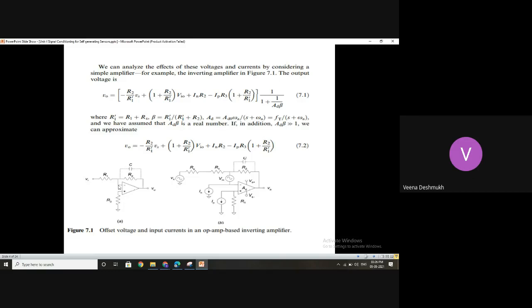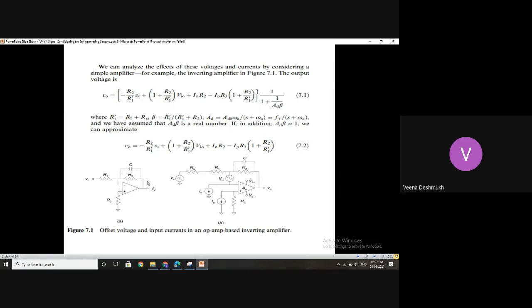Now, whatever is the potential difference VIO existing between the inverting and non-inverting terminals, this is the bias voltage difference existing between the two terminals. So this is applied between these two. So the gain of this is going to be 1 plus R2 by R1 dash.